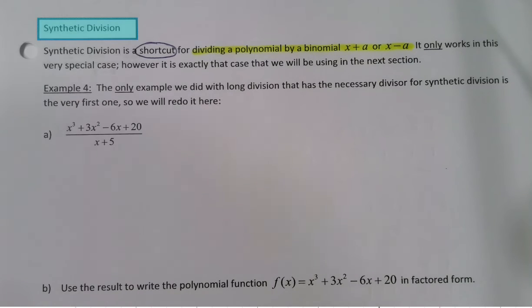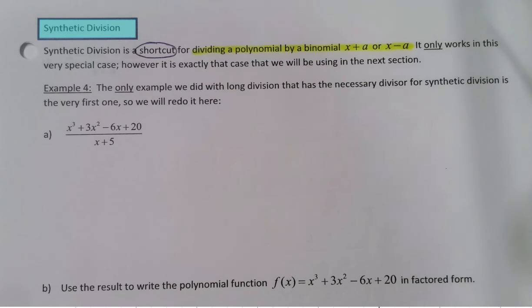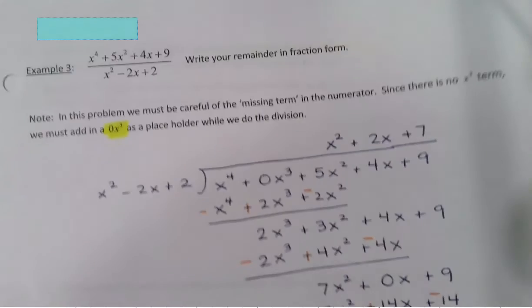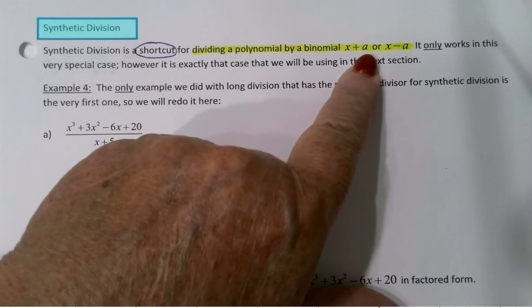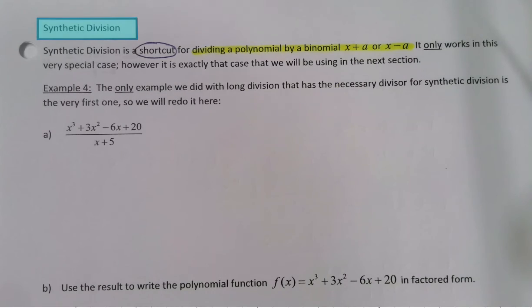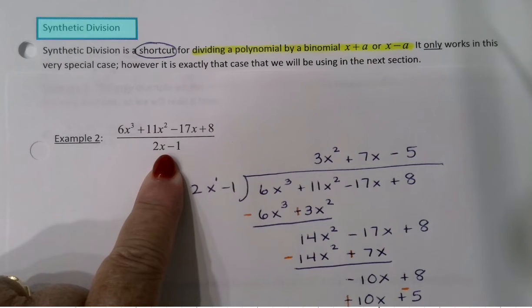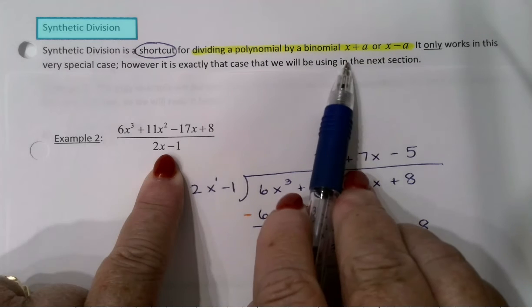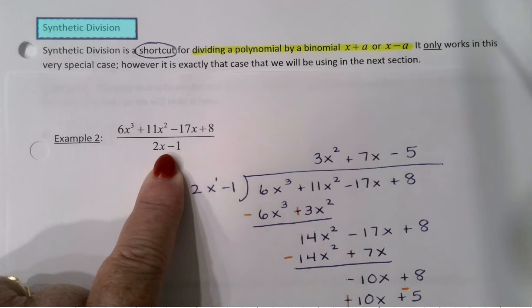All right, if you look back at our 3 examples that we've already done, only one of them falls into that special case. The most recent one we did has an x squared on the bottom, so that definitely doesn't work. The example before that, we were dividing by 2x minus 1, and the special case has to just be a 1x, so that one didn't work.